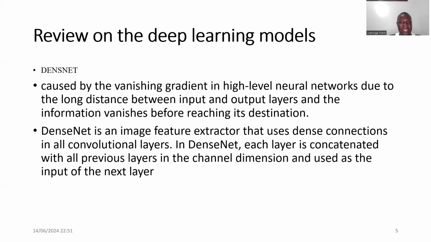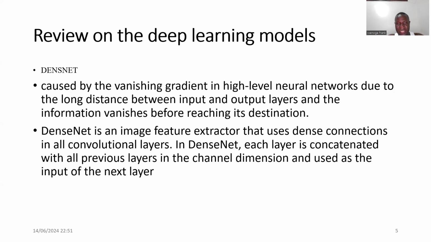Then there's what we call DenseNet. This one is also a convolutional neural network, where vanishing gradient is caused in its high-level network due to the long distance between the input and output layer.